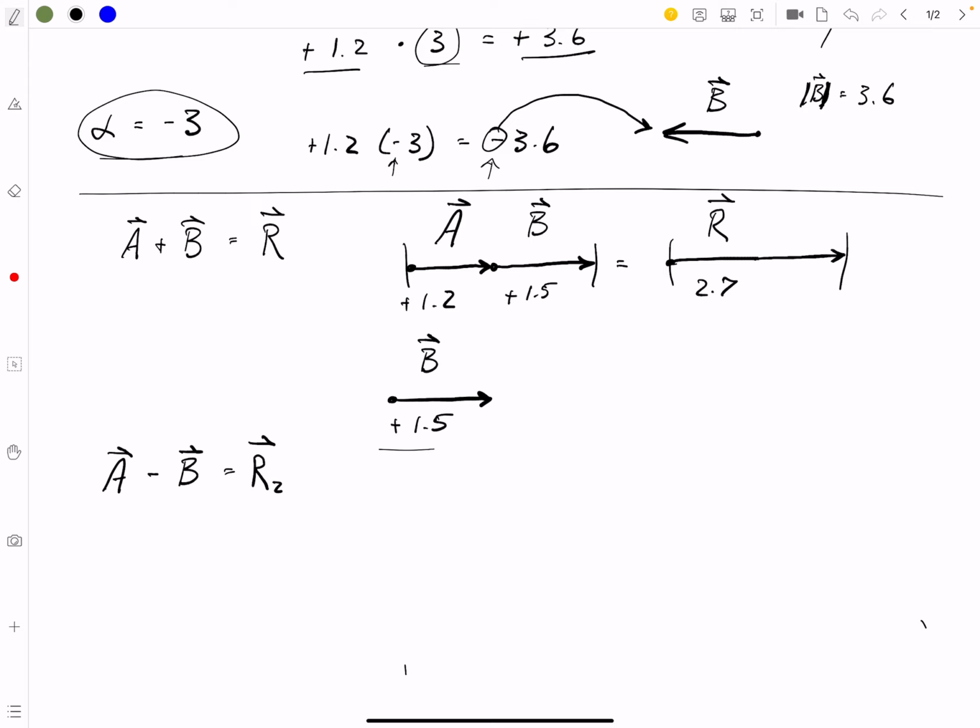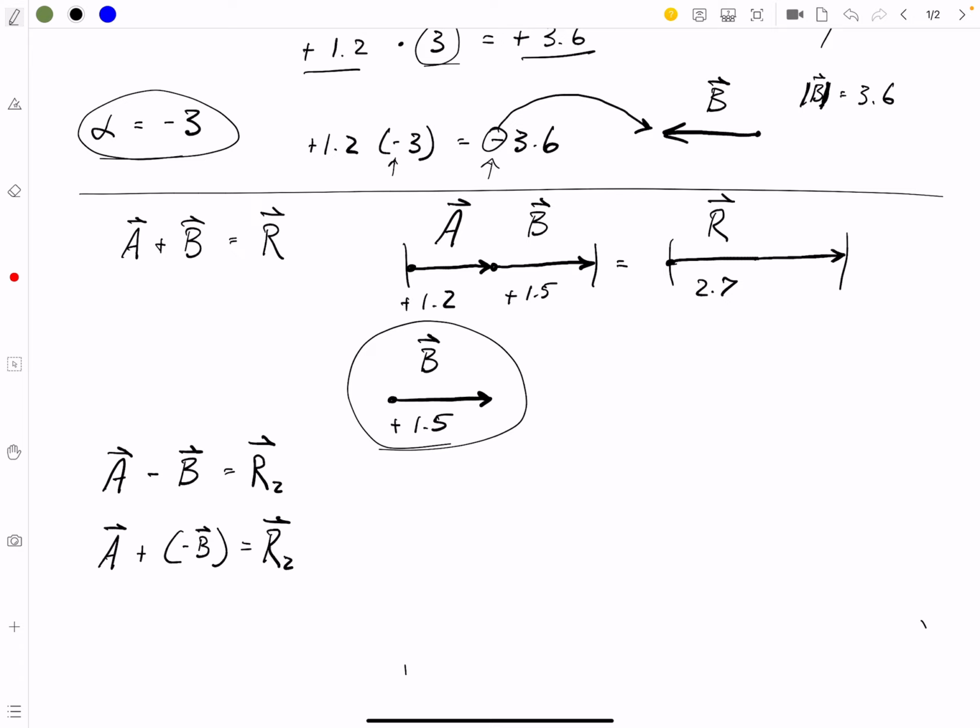We already know what B is. So if we want A minus B, we could really say that that's A plus minus B. Well, what is minus B? That's just B multiplied by -1, right? So what happens when we multiply by -1?